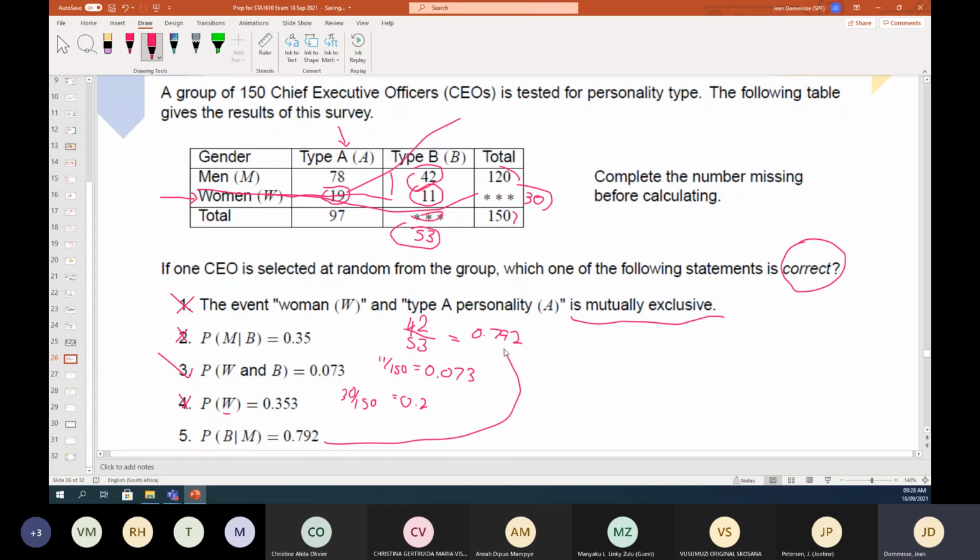So those two are probably turned around, so I'm thinking that answer is going to be 0.35.